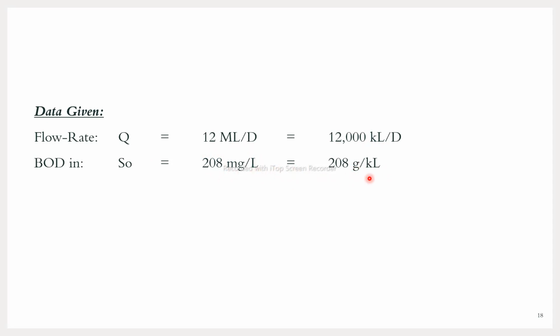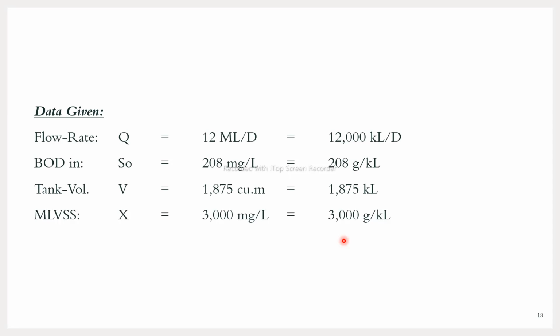So milligram per liter means gram per kiloliter, same. Now tank volume V is given as 1875 cubic meters. Cubic meters mean kiloliters, same. 1 cubic meter means 1000 liters or 1 kiloliter. So you can see we have converted all the three values into the same units, right?